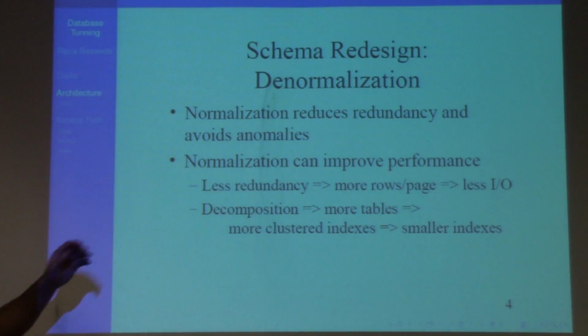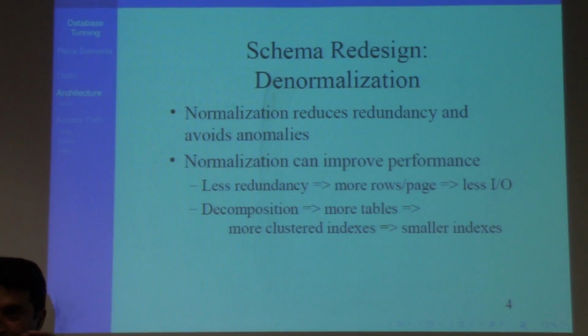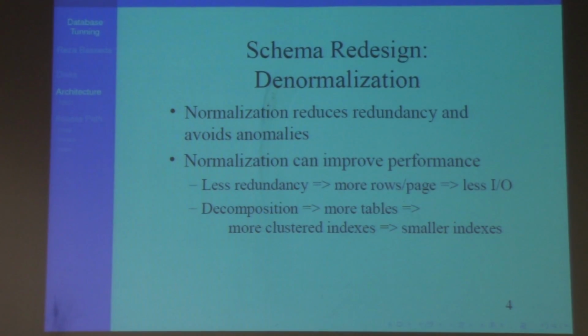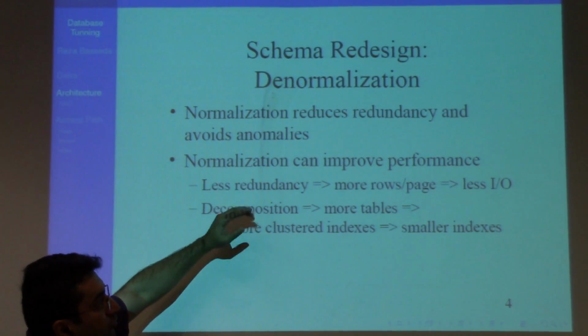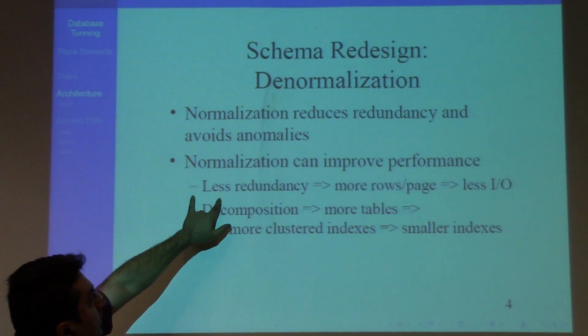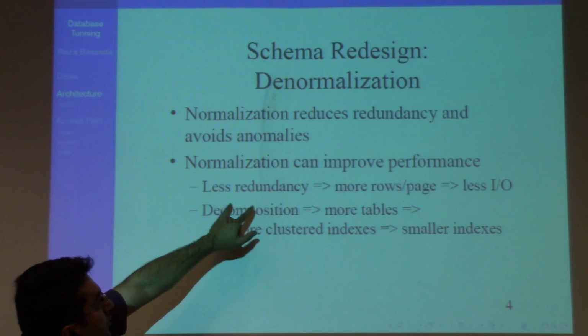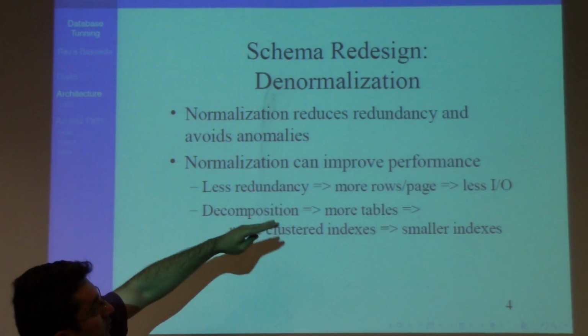Normalization has some benefits, right? Normalization reduces redundancy and avoids anomalies. So using normalization by itself can improve the performance. Why? Because it can reduce the redundancy.